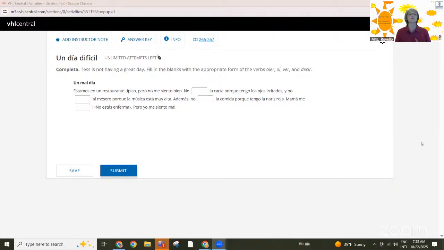So the person says, I'm sitting in a restaurant and I don't feel good, right? I have irritated eyes. So no something, la carta. La carta is the menu. And then the next part it says, and I don't something the waiter, mesero, porque la música está muy alta. What is that? La música está muy alta. Right. Can't hear the waiter because the music is loud, right?